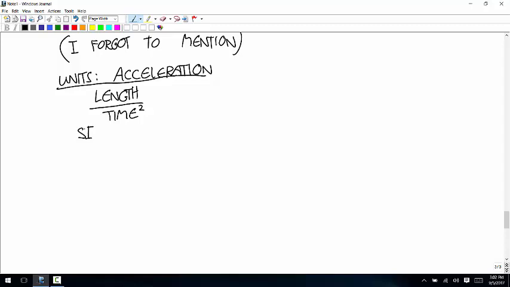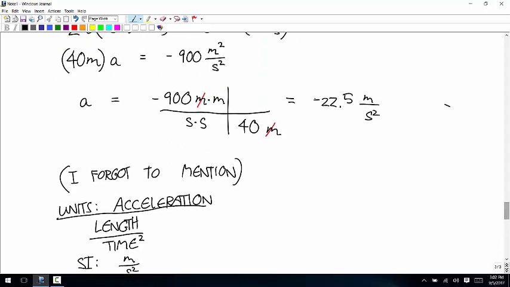And so the SI units are meters per second squared. By going through carefully with the units in our calculation, you can see that if you do it right, the units we calculated will always be the units of the thing we were looking for.